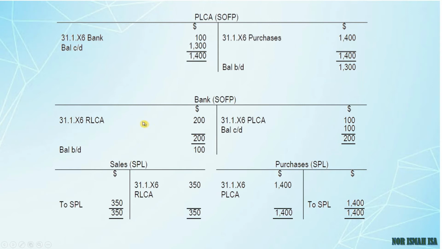In the bank, we can see that we have received for the receivable account, and this amount has been used to pay for the payable ledger control account. This is the rest of the accounts related to this transaction, which is sales and purchases. We do balance for that.